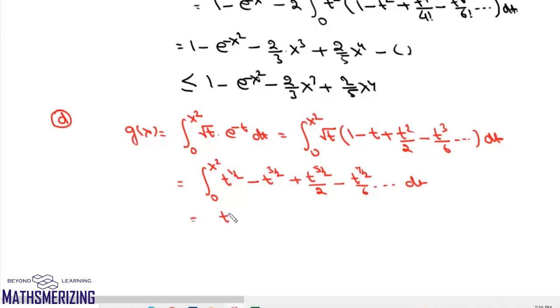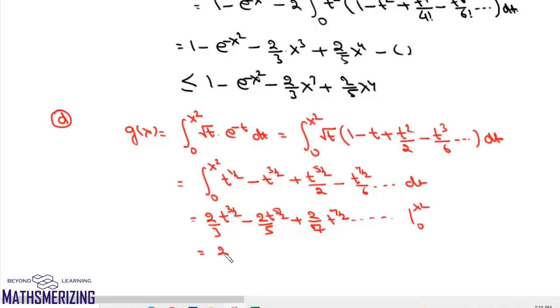Now we integrate this, we'll get t to the power 3 by 2 times 2 by 3, minus t to the power 5 by 2 times 2 by 5, plus 2 by 7 t to the power 7 by 2, and so on, and this value from 0 to x square.